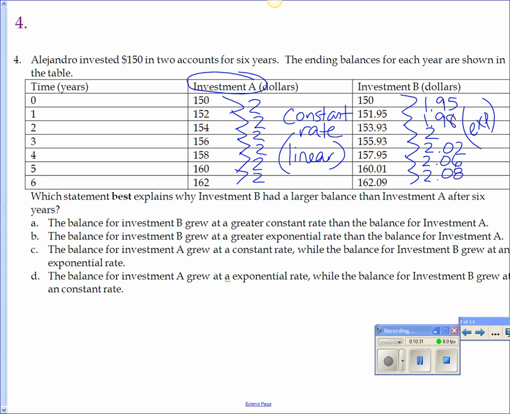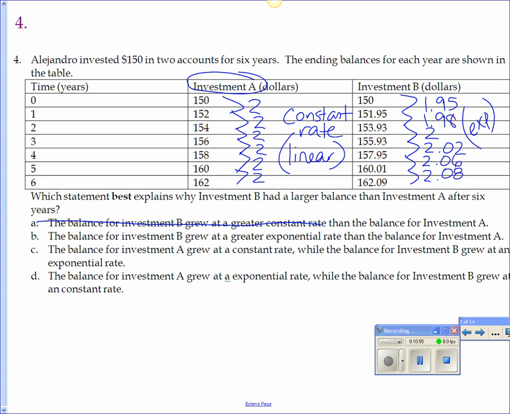All right, so let's look. A says the balance for investment B grew at a greater constant rate. Was investment B constant? No, so A does not work. B says the balance for investment B grew at a greater exponential rate. Was B exponential?